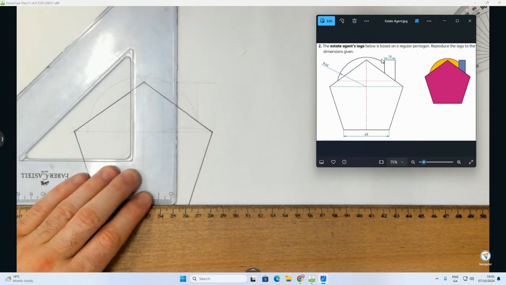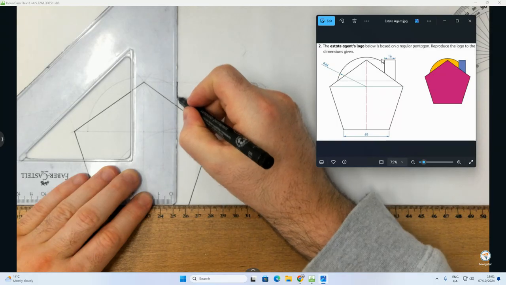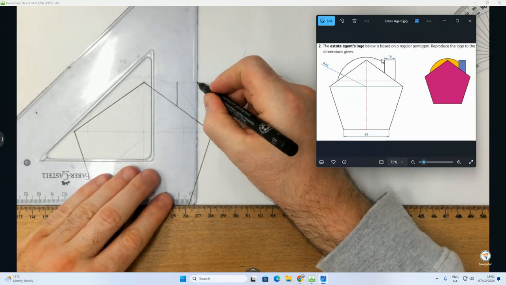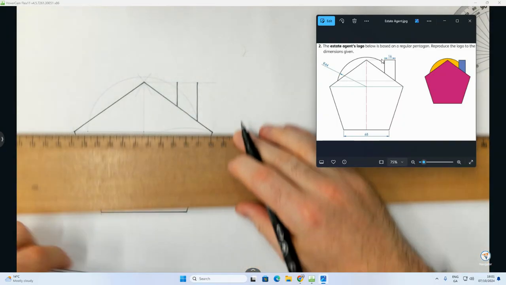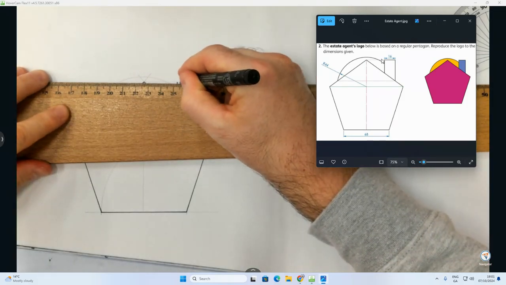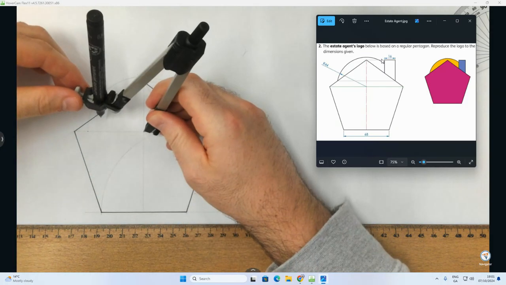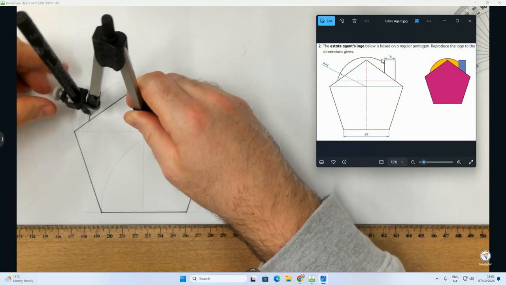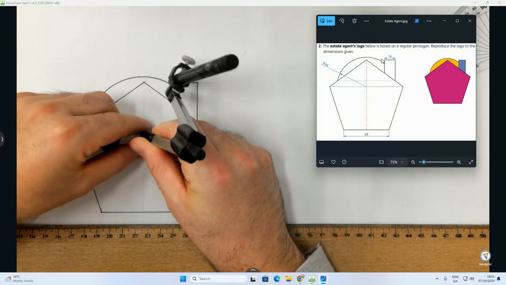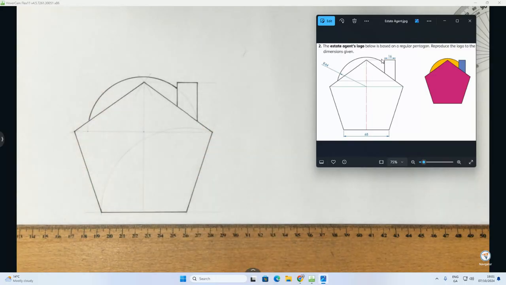And now, just switching out to heavy in my details. So there is the chimney, and now finally just switching out on my compass to heavy in the arc. That'll go heavy as far as there.